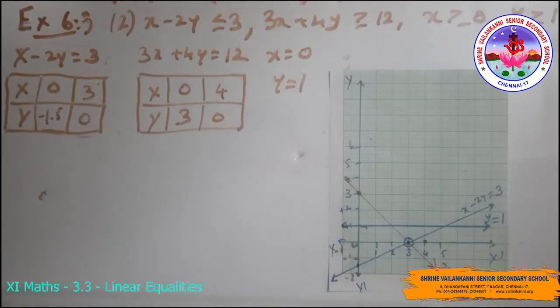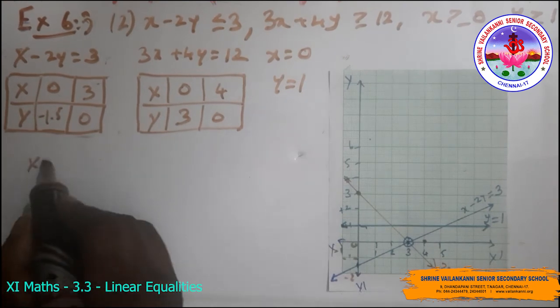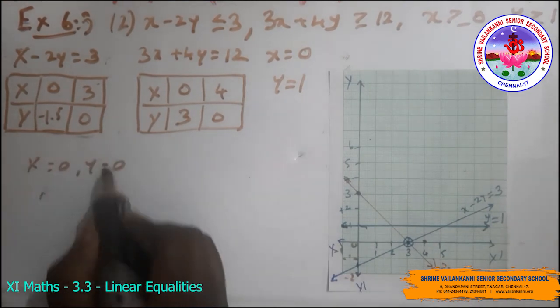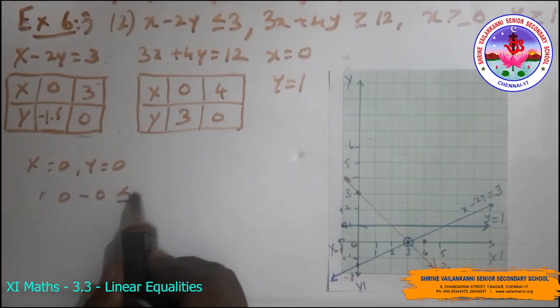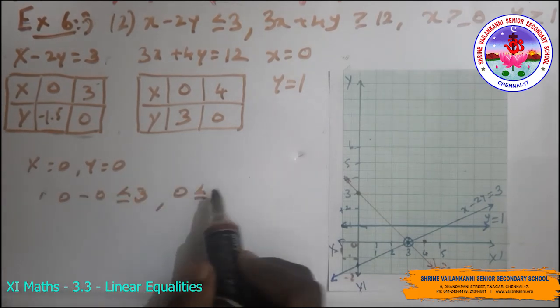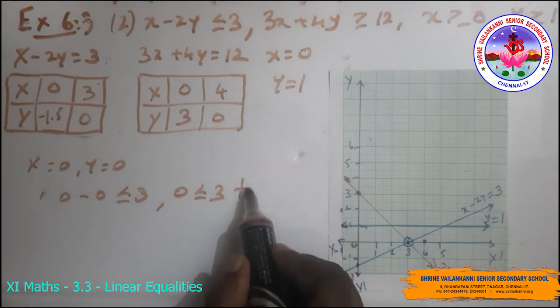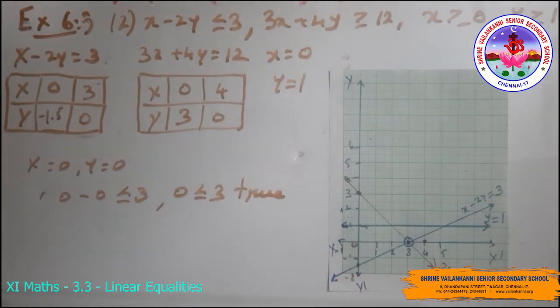So test point, which is our step 2, put x is 0 and y is 0 in the first inequality. So 0 minus 0, which is less than or equal to 3, that is 0 is less than 3, which is true. So inequality 1 represents the region above the line x minus 2y equal to 3, that is it includes the line x minus 2y equal to 3.